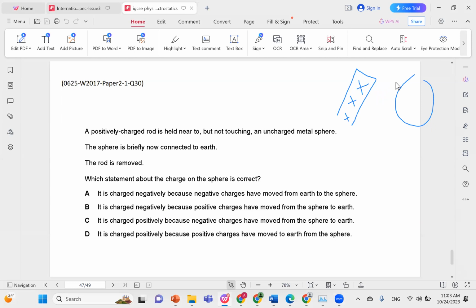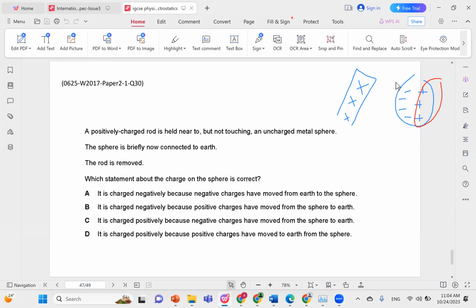Well, the electrons are all going to be pulled towards the left. The positive charges are going to remain in place, or maybe slightly attracted to the right, but either way, even if they do not move at all, the electrons will all move to the left. And that tells us that the right-hand side of the sphere will have more positive charges than negative charges.